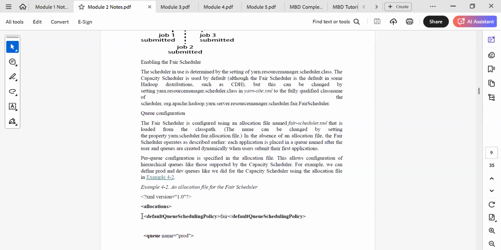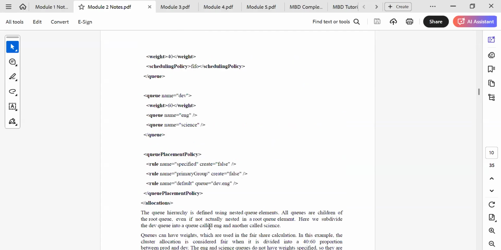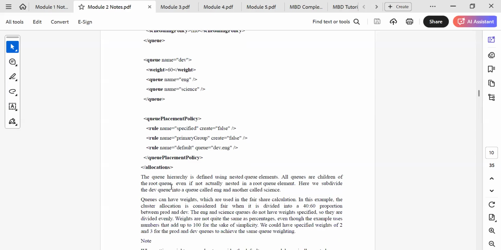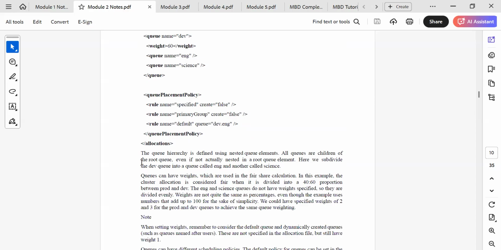Default queue scheduling policy is fair. Queue name is production, weight is 40 and scheduling policy FIFO. Again, development with weight 60, and the names science and English. And then the queue placement policy, with specified create false and primary group create false.